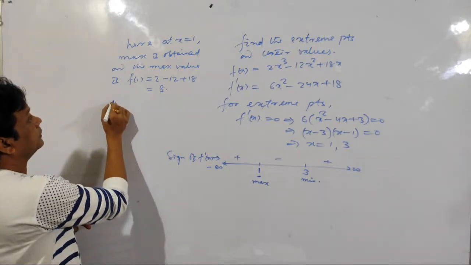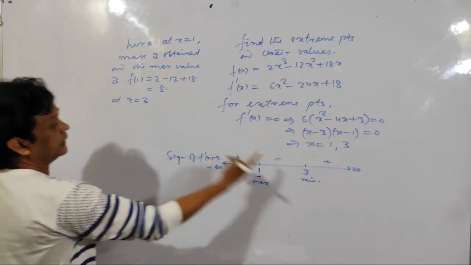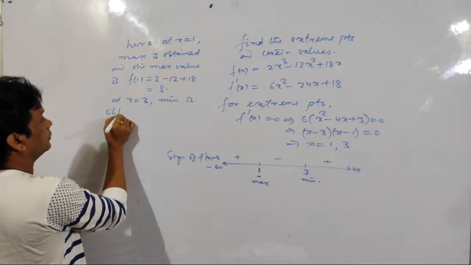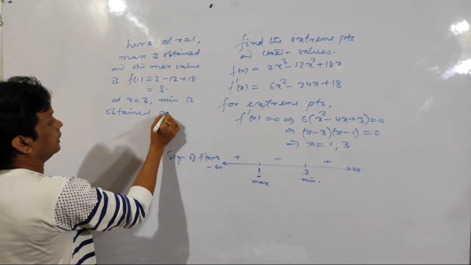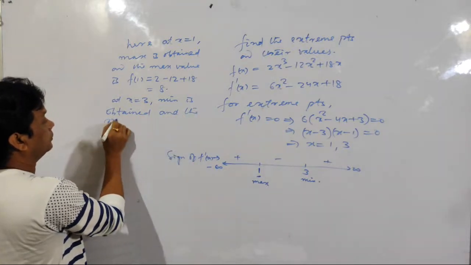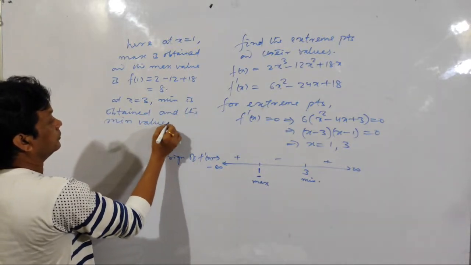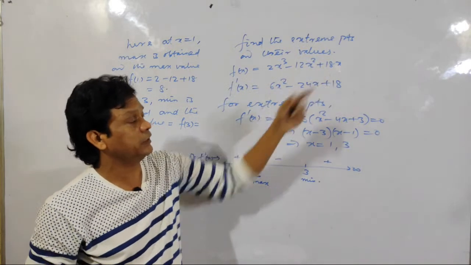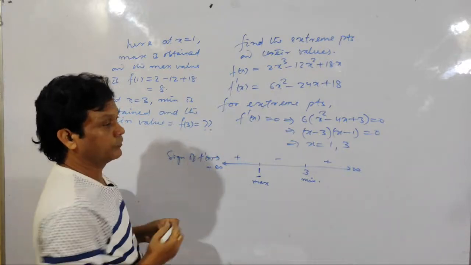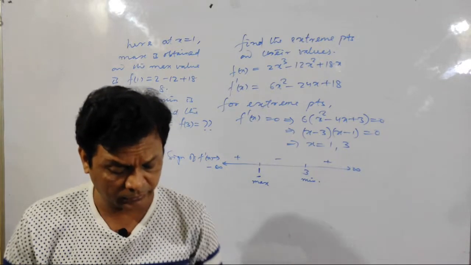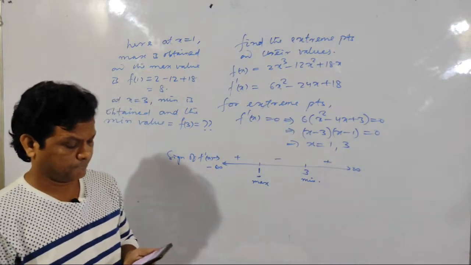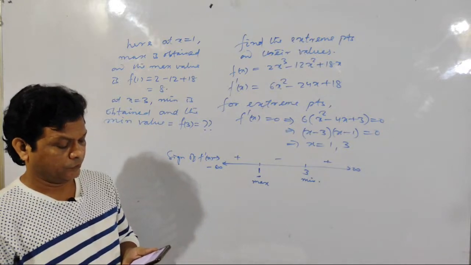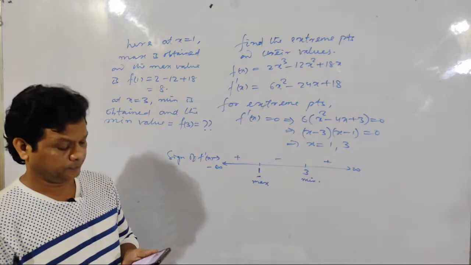And at x is equal to 3, minimum is obtained, and the minimum value is equal to f of 3. F of 3 means put x is equal to 3 here, you will get the answer. So you should write here. It is clear to you all or not? Whether this question is clear to all of you or not?